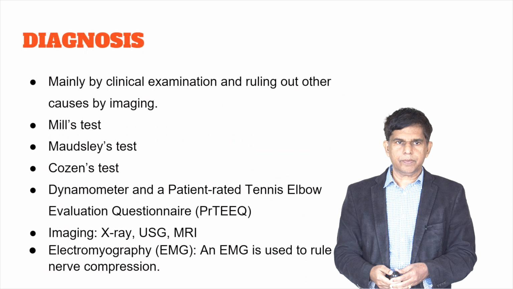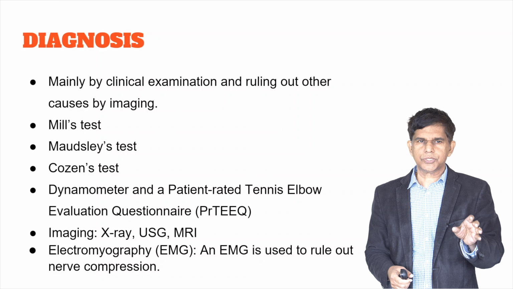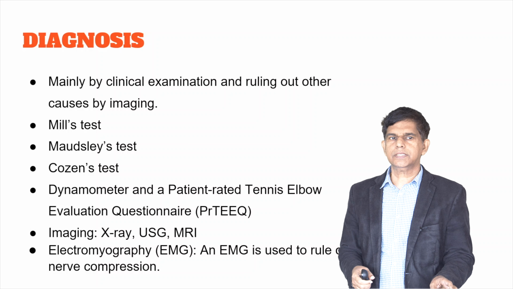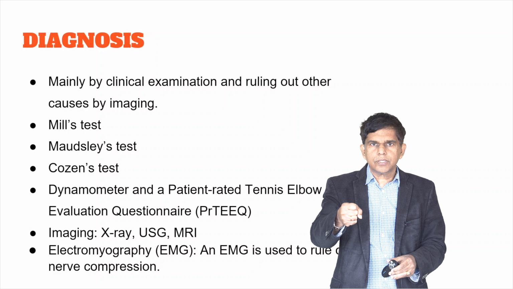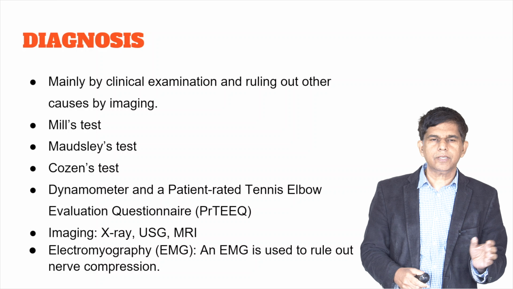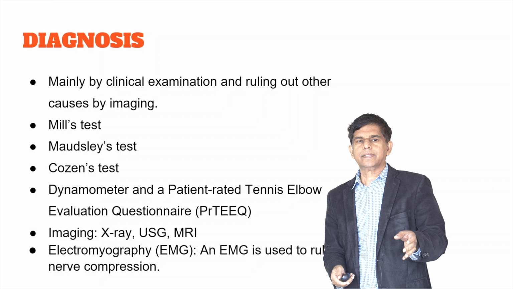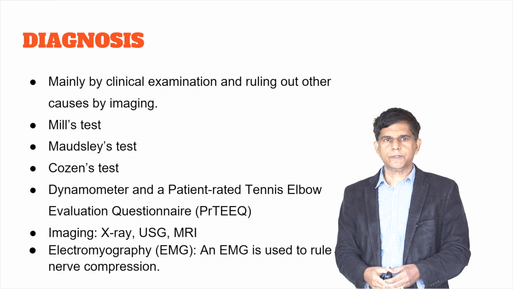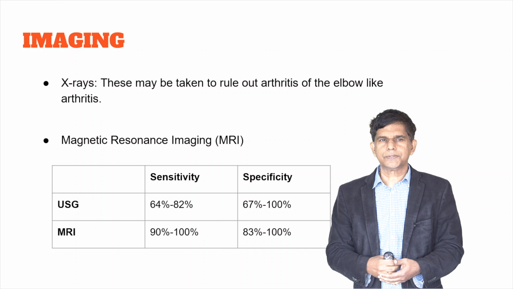Okay. Now, diagnosis is mainly clinical examination. There are a couple of tests we're going to talk about. One is called the Mills test. The other one is the Maudsley test. There's Cozen's test. And then you also use a dynamometer to measure the grip strength, okay? Then you can do imaging: X-ray to rule out other causes, ultrasound, and EMG, mainly to rule out any other diseases going on. So with X-rays, you check to make sure there's no arthritis.